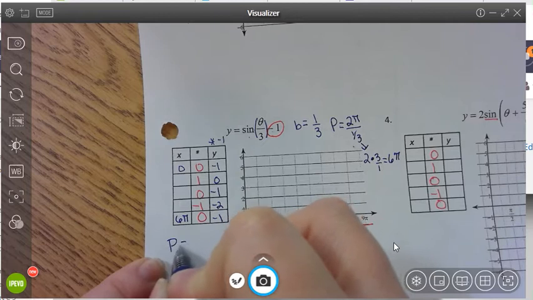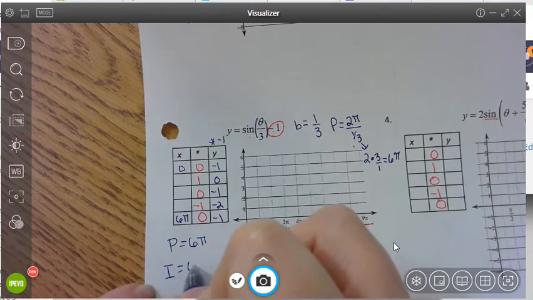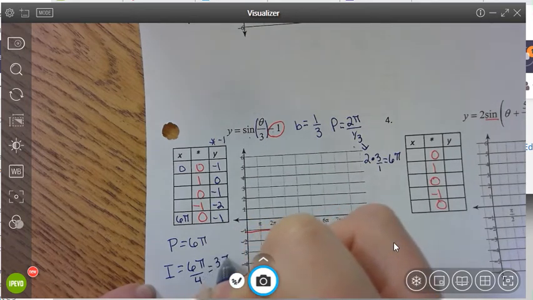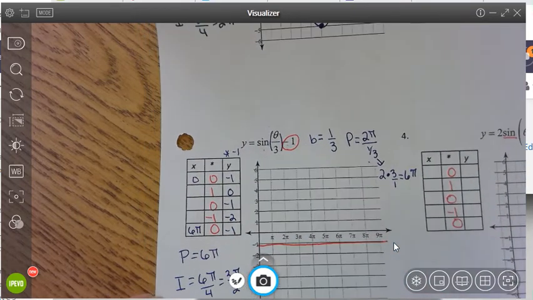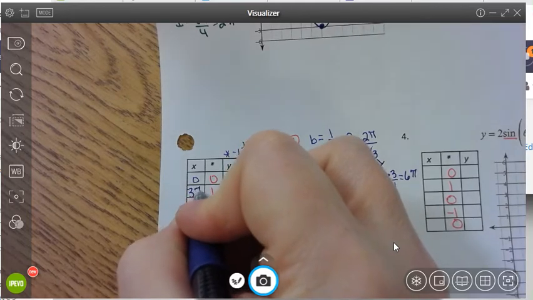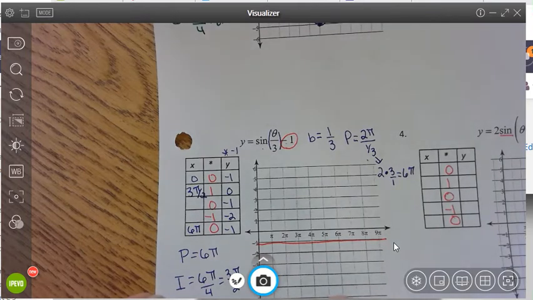Now if my period is 6 pi, then my increment is 6 pi over 4, which is 3 pi over 2. Not the nicest one I've ever seen, but not impossible to do. So this is 3 pi over 2. Now watch how I'm going to do this. I'm going to go 3 over 2 is my increment.